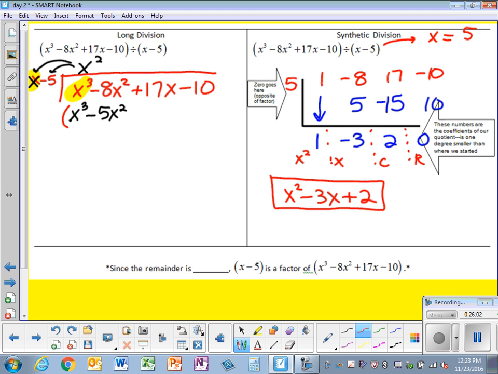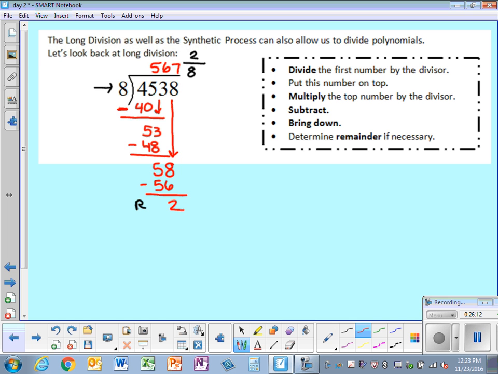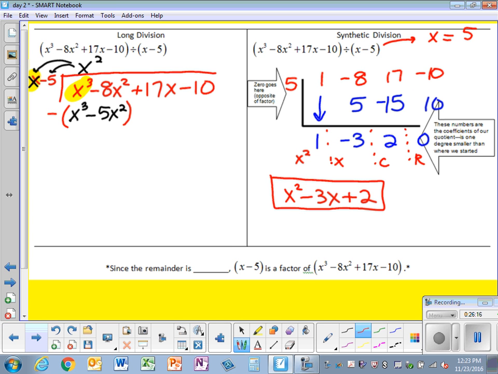Put parentheses around it, because we have more than one thing joined by a plus or minus. We can't separate it. And then we subtract, right? The only thing that's different here, you have parentheses and a negative on the outside, so you need to distribute that negative.